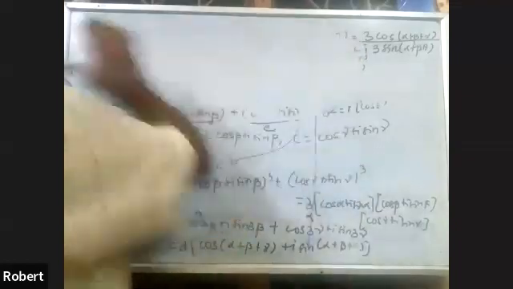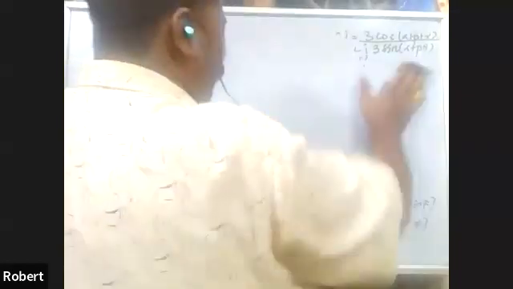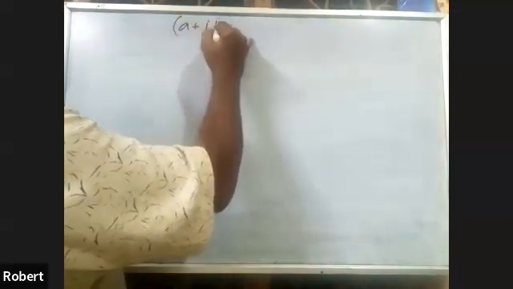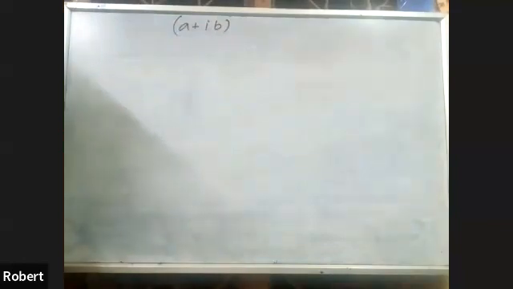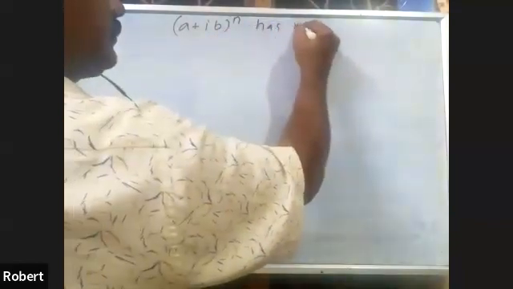The next one, a very important section of this chapter, is finding all the values. I told you how to find all the values, all the solutions. Suppose a complex number a plus ib is given. If it has the whole power n, then this complex number has n solutions.